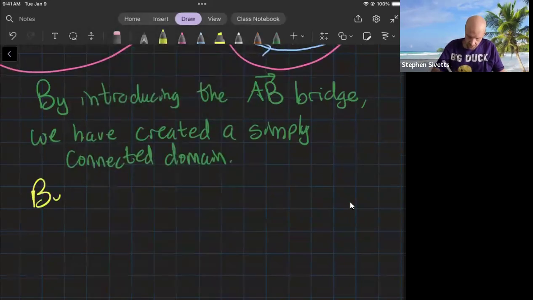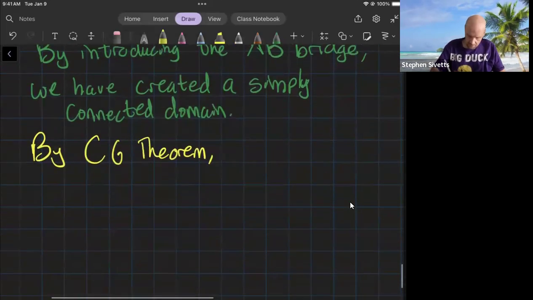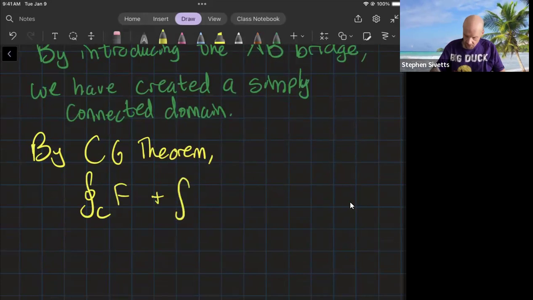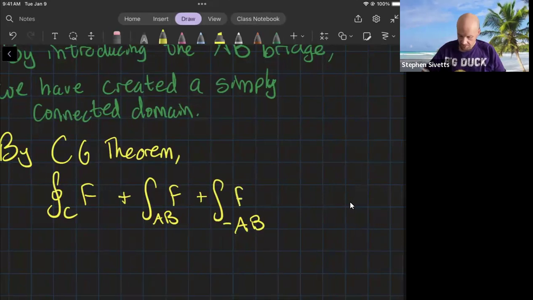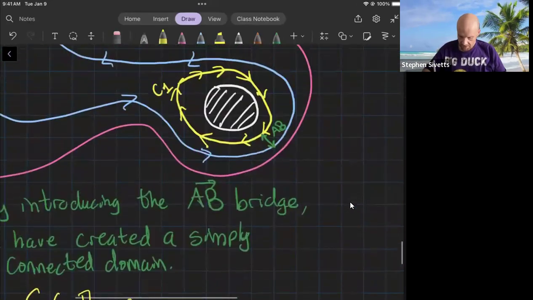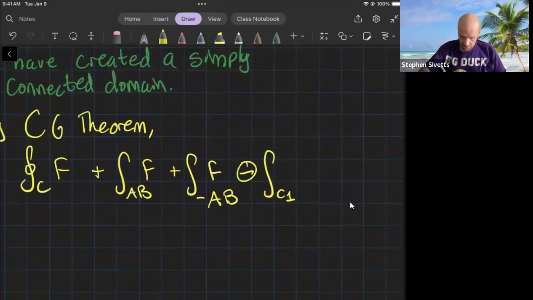So by the Cauchy-Goursat theorem, the line integral of C plus the line integral of this line segment AB, plus the integral of going in the opposite direction of the bridge AB of F, minus, since we're going clockwise on C1, we have to put a minus out front here, minus the integral of C1 of F has to equal 0.